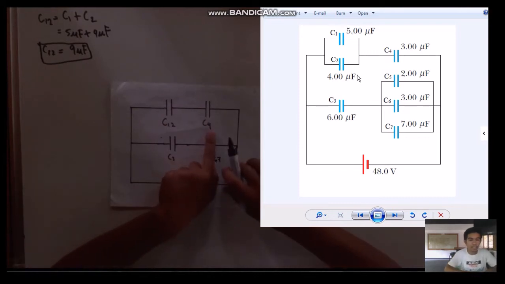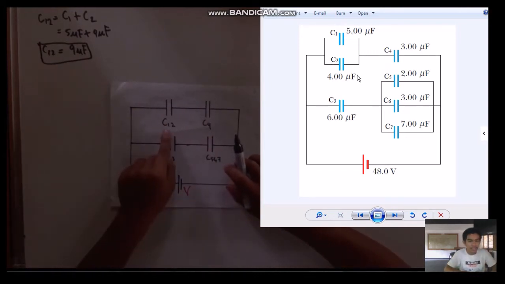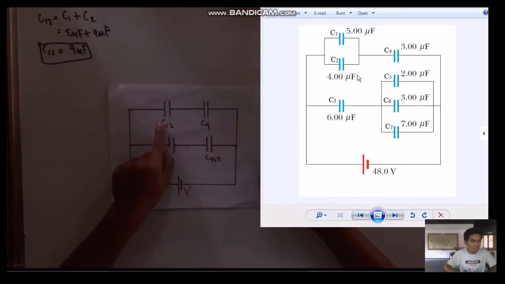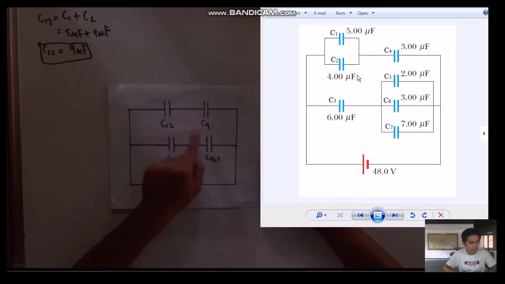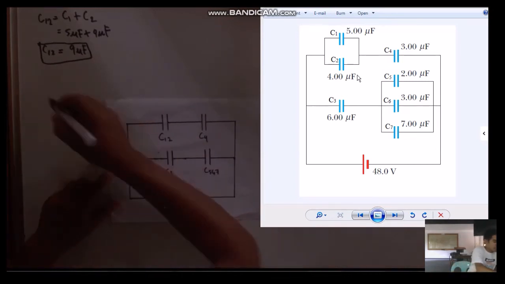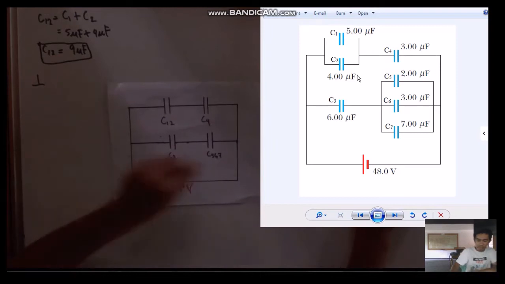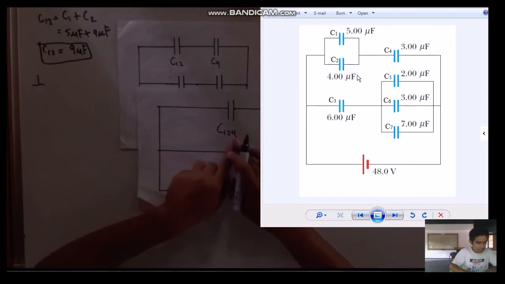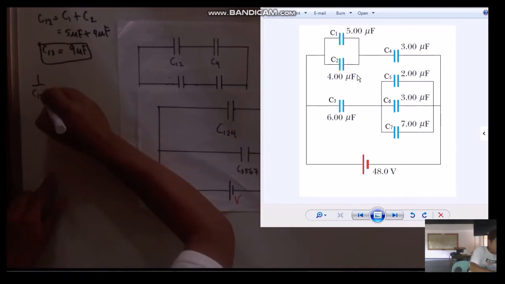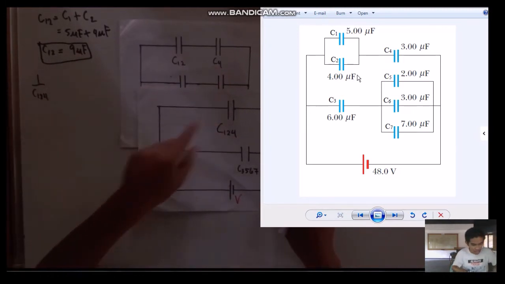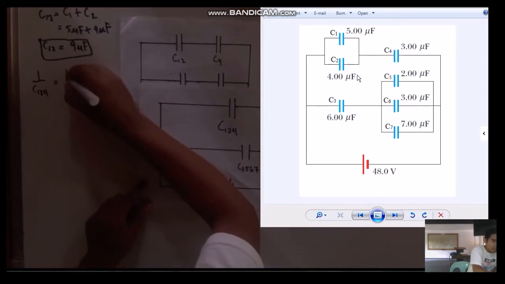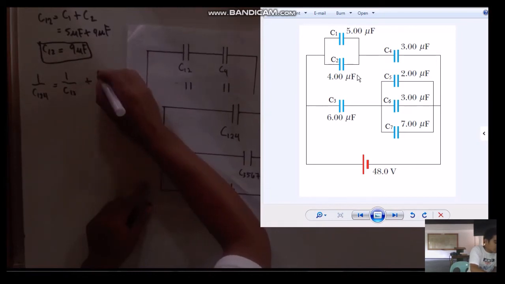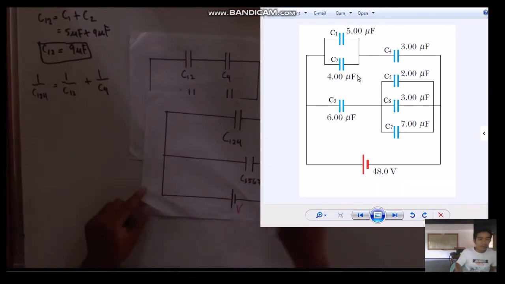Next, let us combine C12 and C4. They are in series connection. So for the equivalent capacitance C124, 1 over C124 equals 1 over C12 plus 1 over C4.